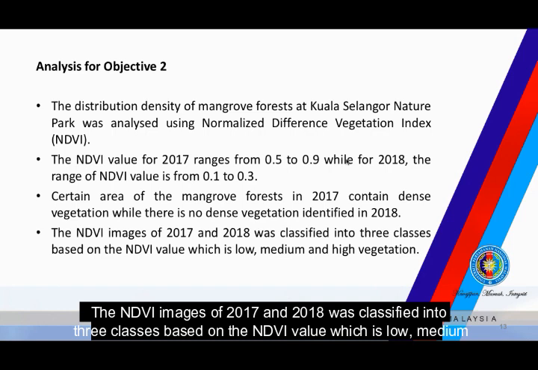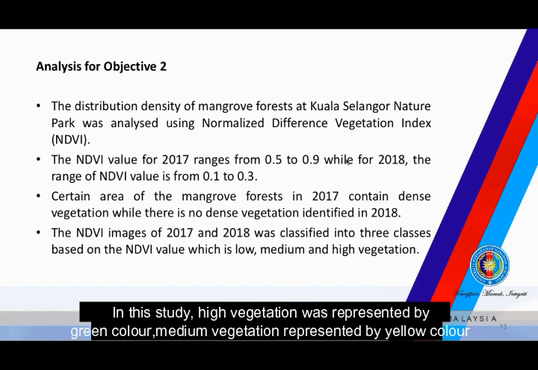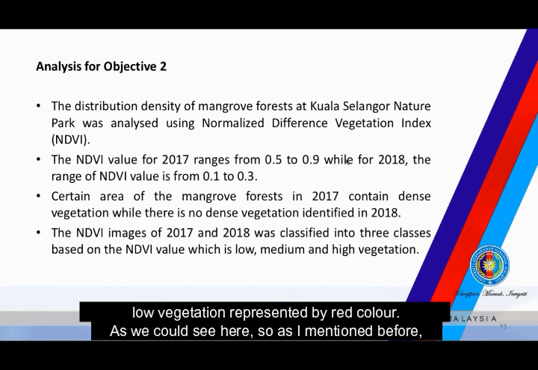The NDVI image of 2017 and 2018 was classified into 3 classes based on the NDVI value, which is low, medium, and high vegetation. In this study, high vegetation was represented by green color, medium vegetation by yellow color, and low vegetation by red color.